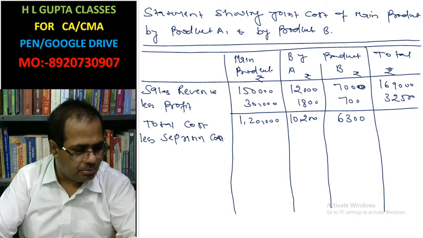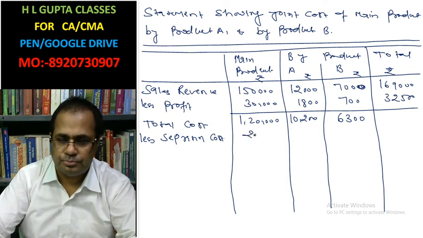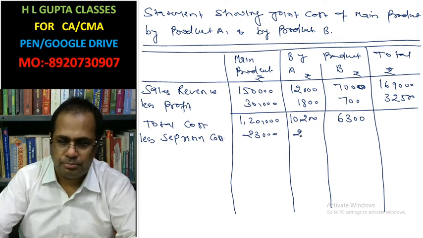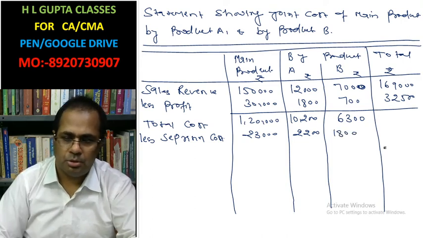Separation cost is 23,000, 2,200, and this is 18,000.